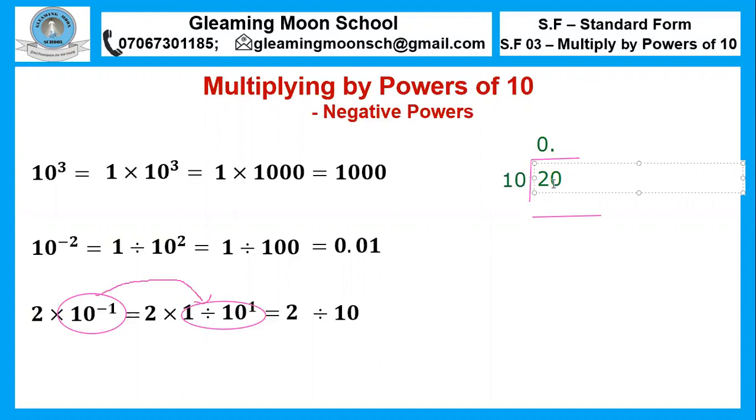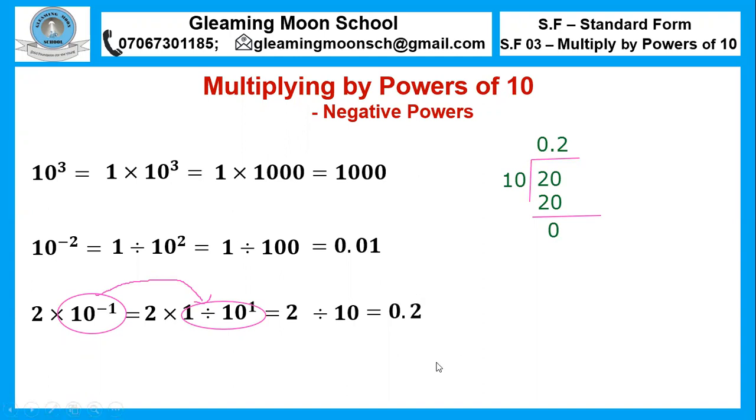Absolutely. 10 divides 20 two times. And 2 times 10 gives us 20. So 20 minus 20 will give us 0. That means we've solved that problem. So 2 divided by 10 gives us the answer 0.2.